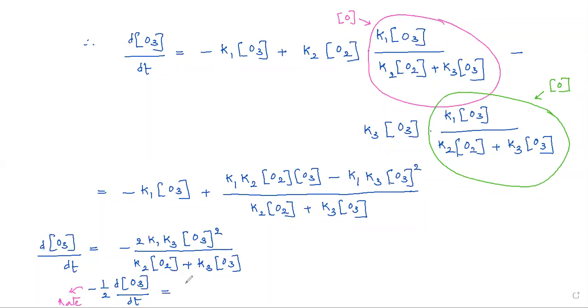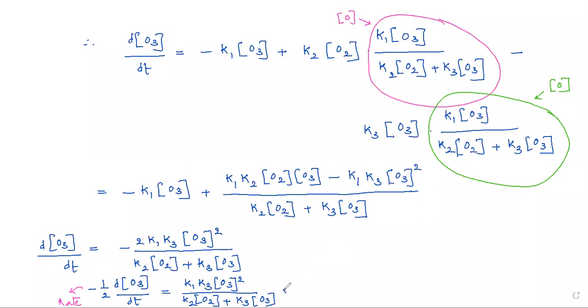So that can be given as K1 into K3 into O3 square by K2 into O2 plus K3 into O3. So that is the final step.